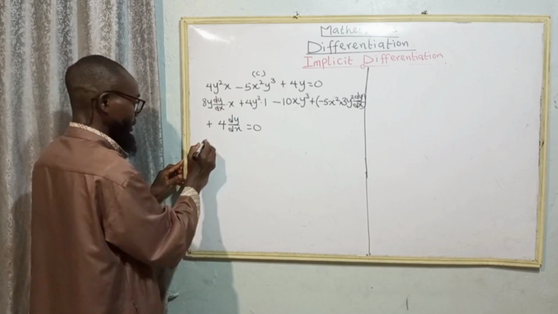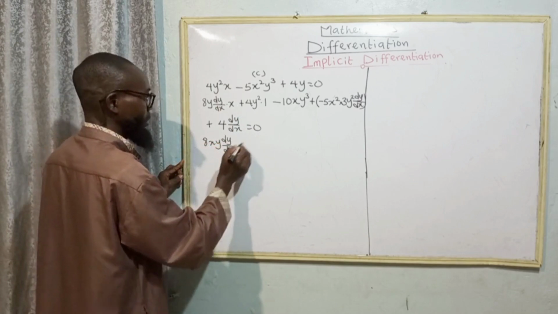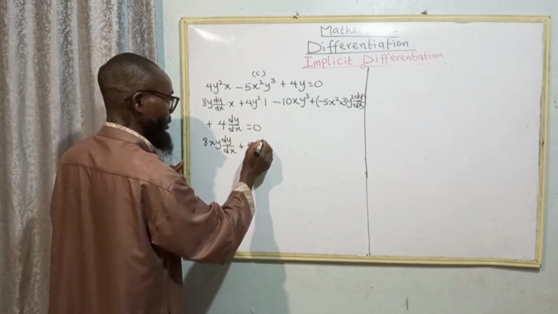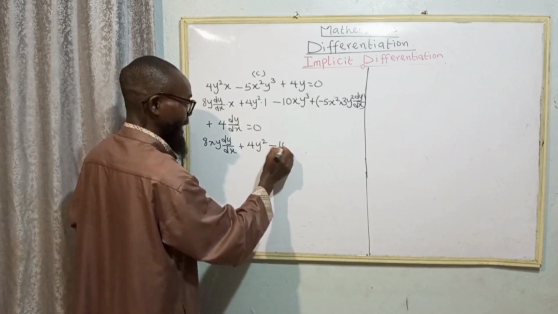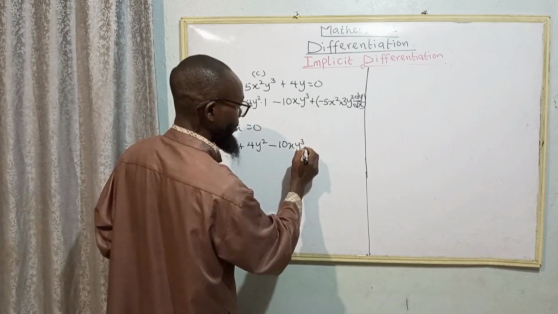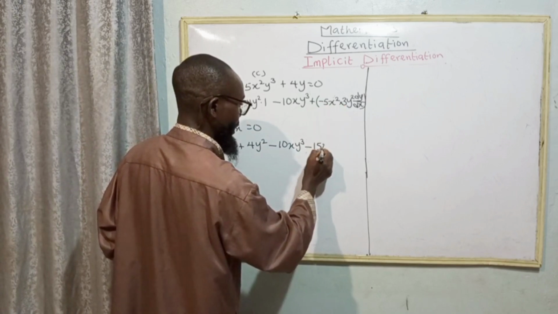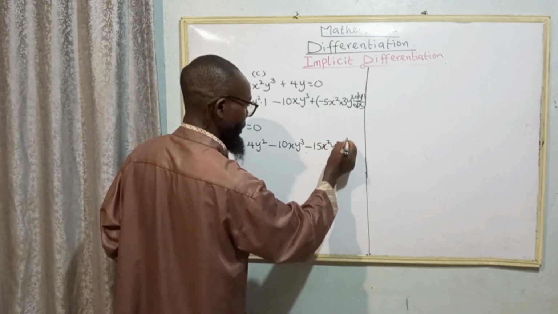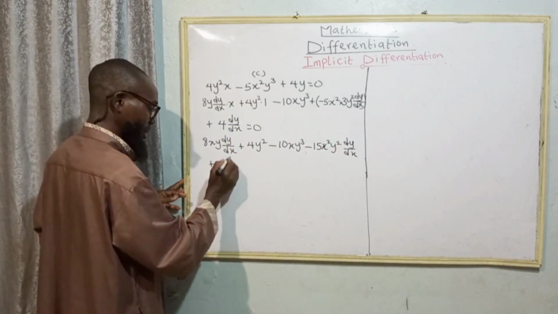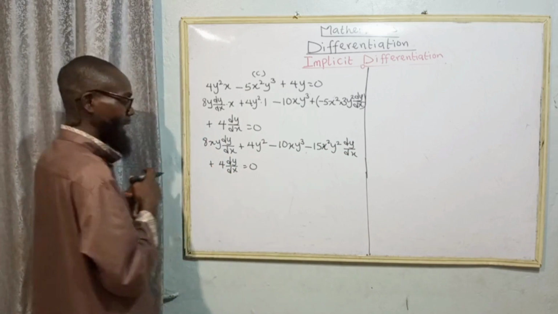8xy dy/dx plus 4 times 1, 4y squared, minus 10xy cubed, plus and minus, we have minus 5 times 3, 15x squared y squared dy/dx, then plus 4 dy/dx equals 0. And let's take all dy/dx together.